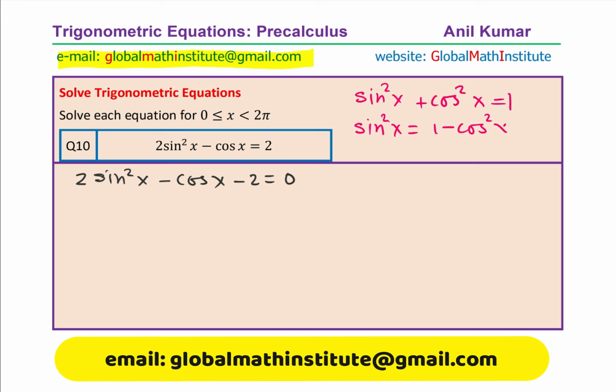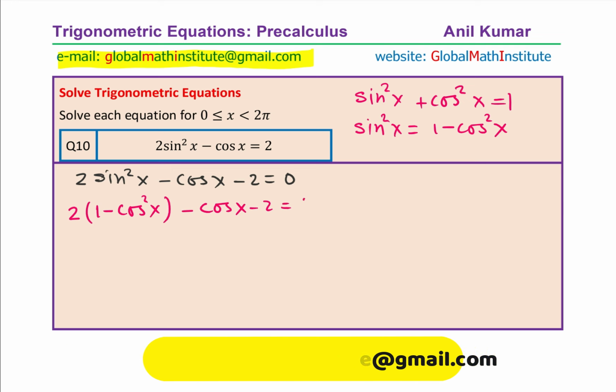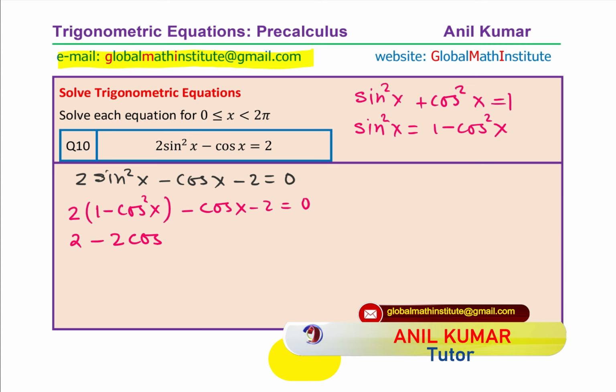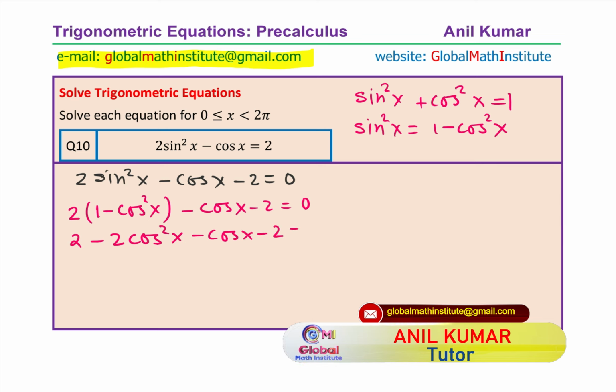Makes sense. Now, because we have an equation, we should put only one trigonometric ratio. So therefore, we'll replace sine square x with 1 minus cos square x and rewrite the other terms. So open the bracket, 2 minus 2 cos square x minus cos x minus 2 equals 0.